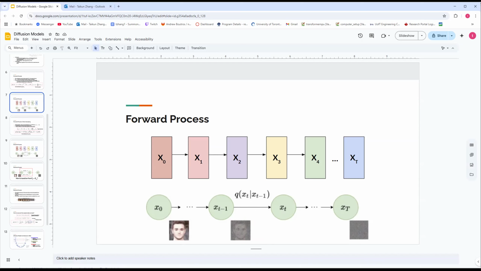I guess what the model basically does is predict how much noise was added at a particular transition.